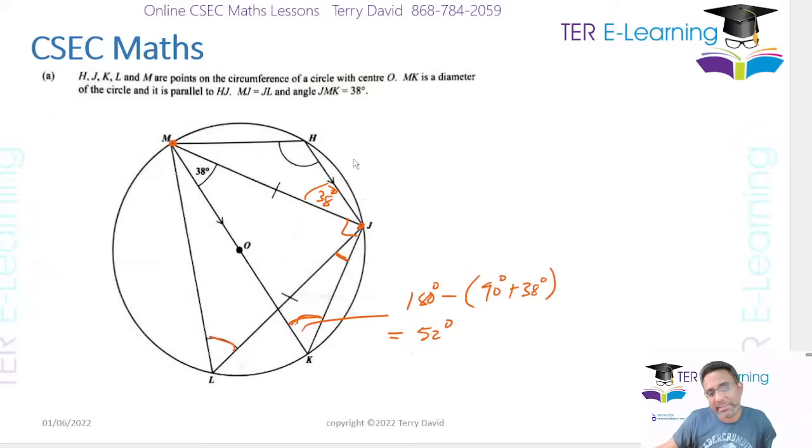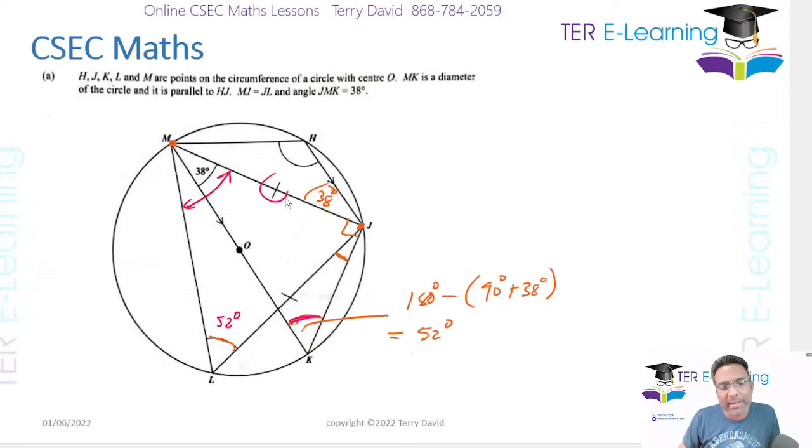So these questions are not that straightforward. Now, you just worked out this here, you got 52. This angle here is 52 degrees. If that angle is 52 degrees, it means that this angle here is also 52.